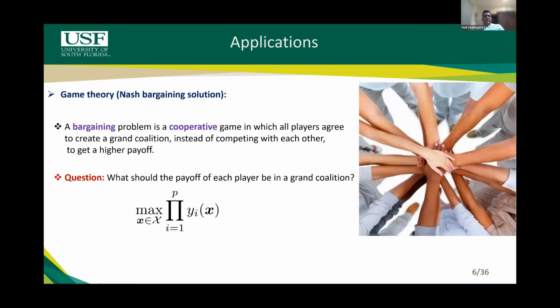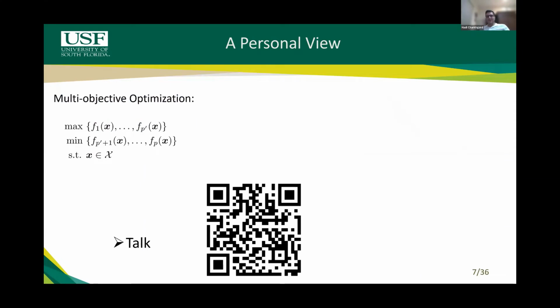Here's just a personal view that I wanted to share. I have a talk about it. If you're interested, you can listen to that or look at the references. There are several problems that I have been facing over the last few years that normally have a large number of objective functions.